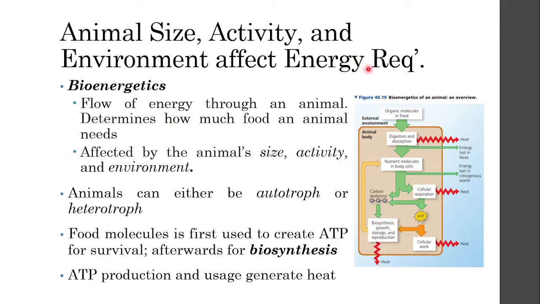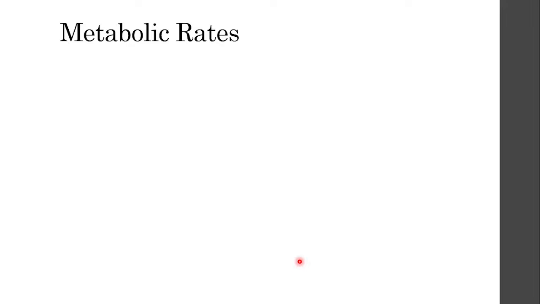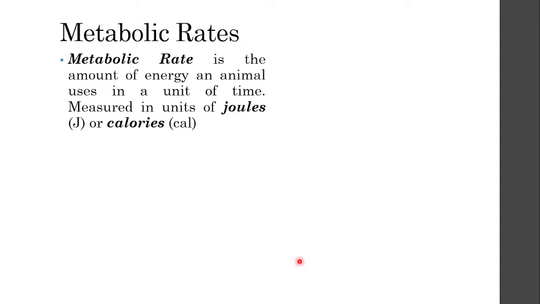So the energy requirement for our survival is dependent on a lot of things such as size, activity, environment, and whether our survival is satisfied first, and then the rest goes to biosynthesis. Next, let's talk about metabolic rates. Metabolic rate is basically the amount of energy a species or an animal needs per unit of time, and it is measured in terms of joules or calories.